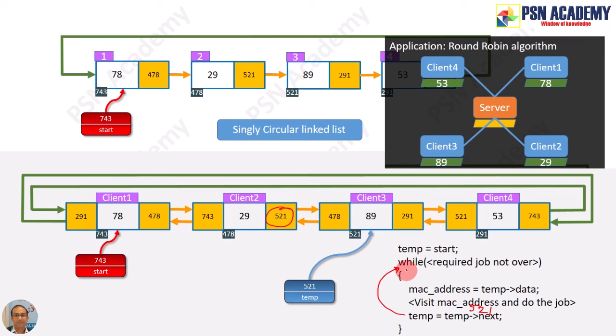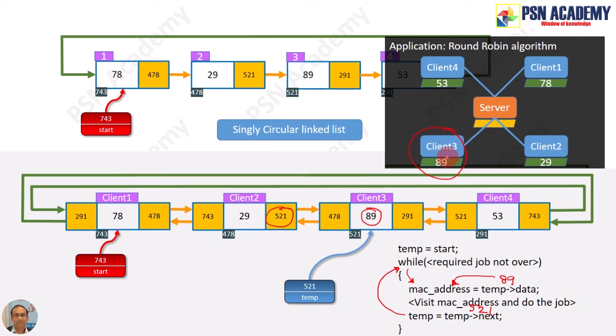If it is not, then get inside, load the MAC address with the temp data. The temp data is 89. So you load this 89 here and visit that MAC address, this one, and do the necessary job there.